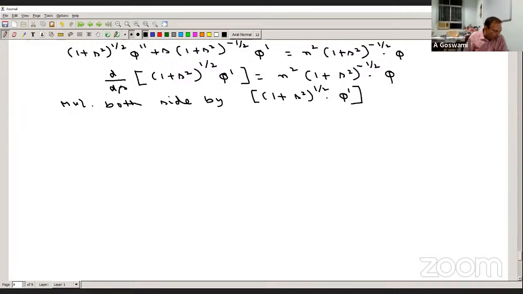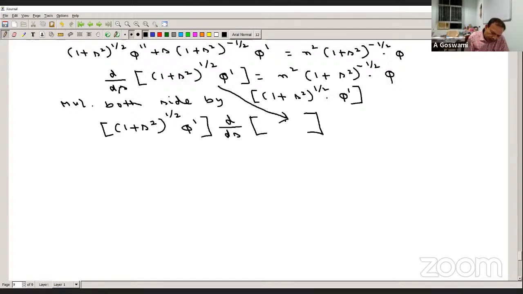So you can write down this thing. If you write down, this will be (1 + s^2)^(1/2) φ', d/ds of this quantity will be there. Same thing, I'm not writing. And the right side will be n^2 φ φ'.